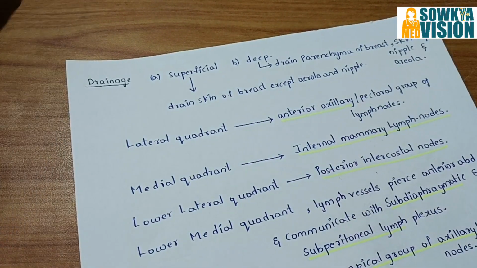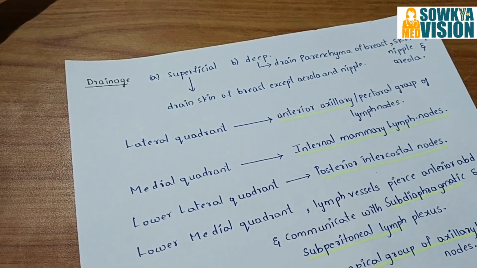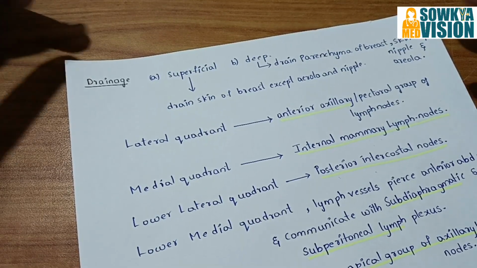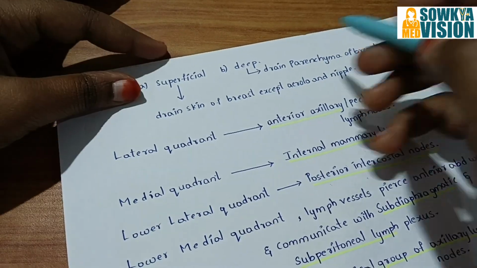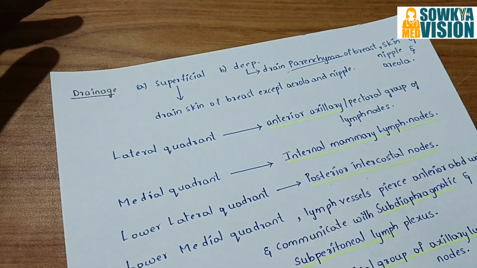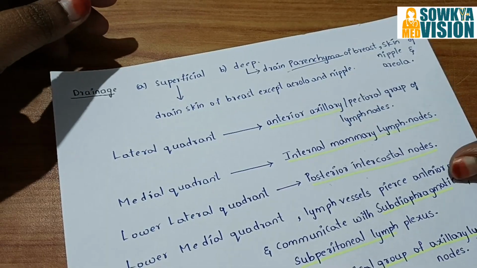As I said, drainage is by 2 systems, superficial and deep. Superficial drains the skin except the areola and the nipple. The deep drains the parenchyma and the skin of the nipple and areola.